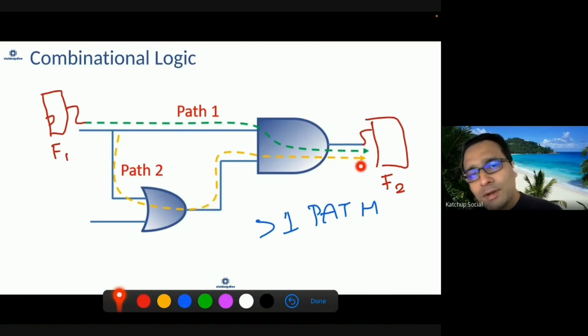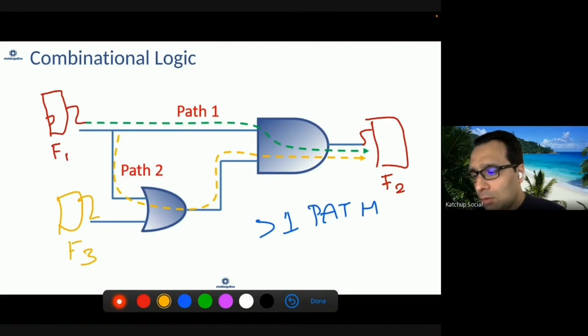Different paths can have different delays. Different paths can have different rise and fall times. So all those kind of things are possible. So if there is combinational logic between two sequential elements, it's possible that there can be more than one path between those two sequential elements. Or sometimes there is only one path. For example, let's say if there was a flop here. Now between F3 to F2, there is only one sequential path.